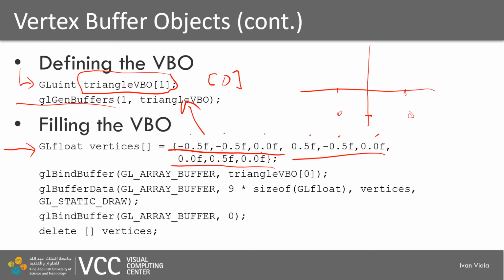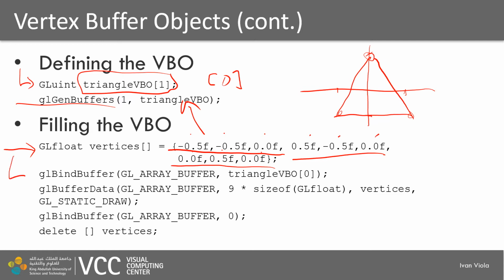And then for the third one, 0 and 0.5. So that's the point, and this is the triangle, which we will be storing in this vertices array. But at the moment, it's just 9 numbers. What do we do with this array on the CPU?